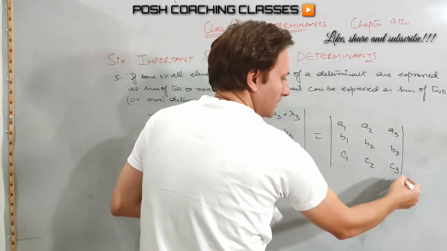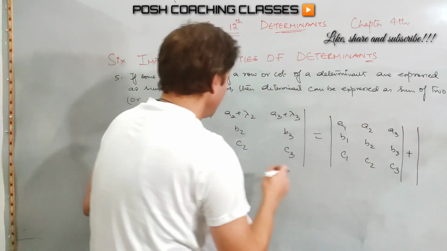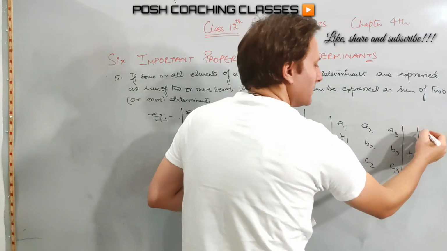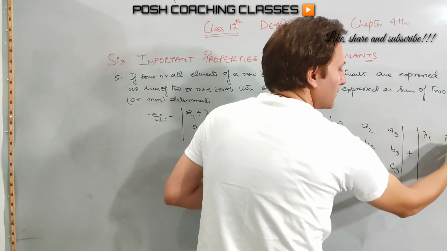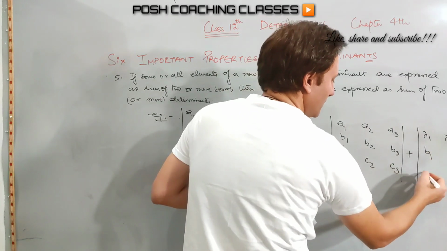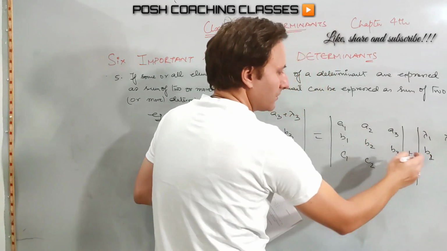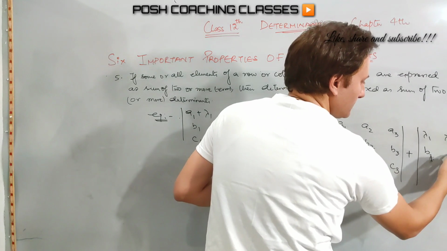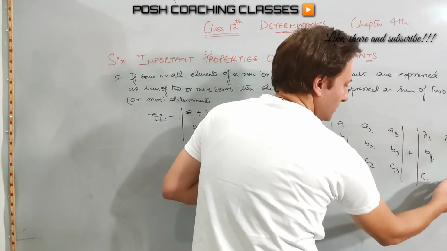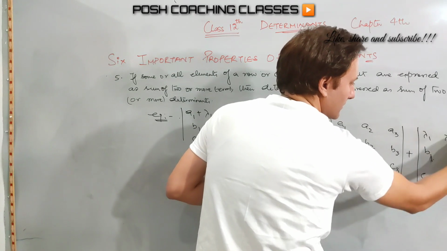c3. So this is my first determinant, and then the leftover lambda 1, lambda 2, and lambda 3, and the rest remains the same: b1, b2, b3, then c1, c2, c3.